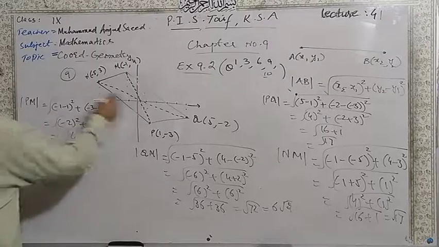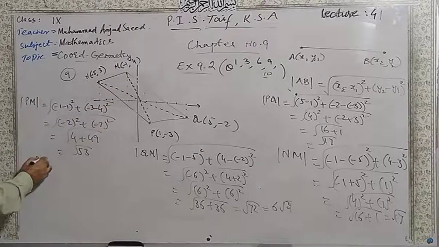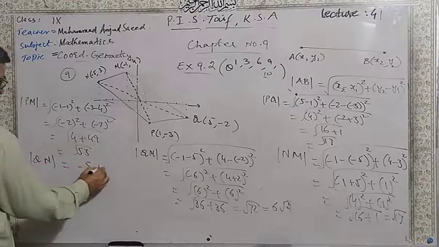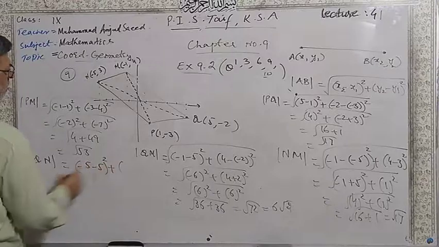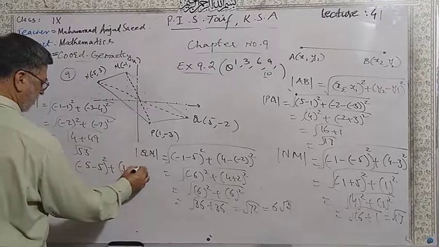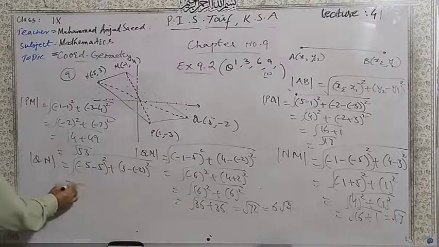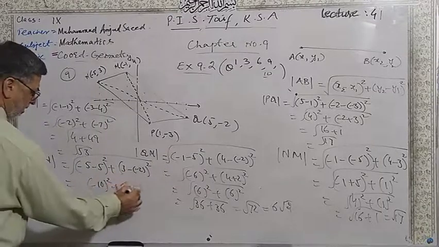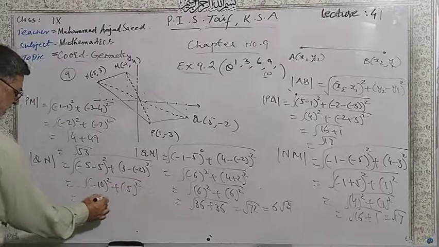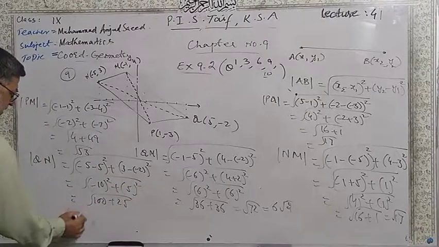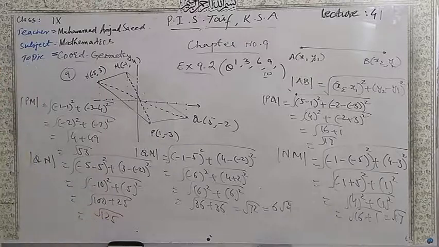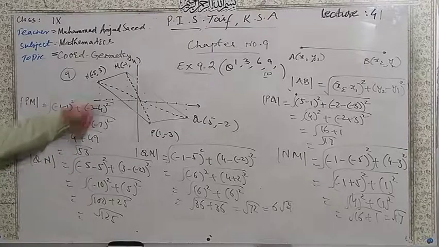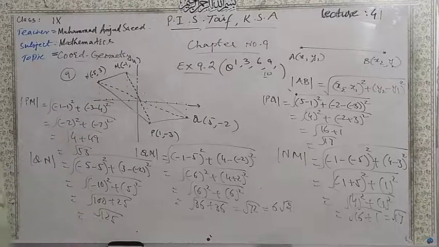After that, this will be QN: (-10) square, and here 3 plus 2, 5 square. Here is 100 plus 25, that will be 125 under root. Dear students, you can check PM was 53 under root and QN was 125 under root.